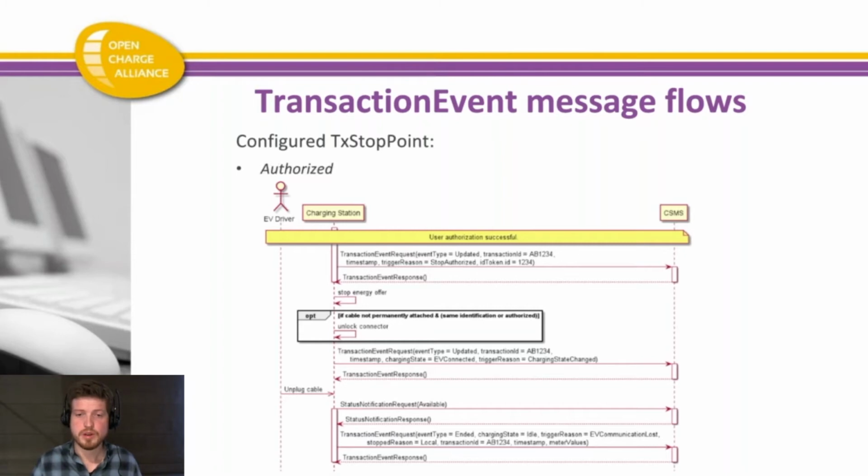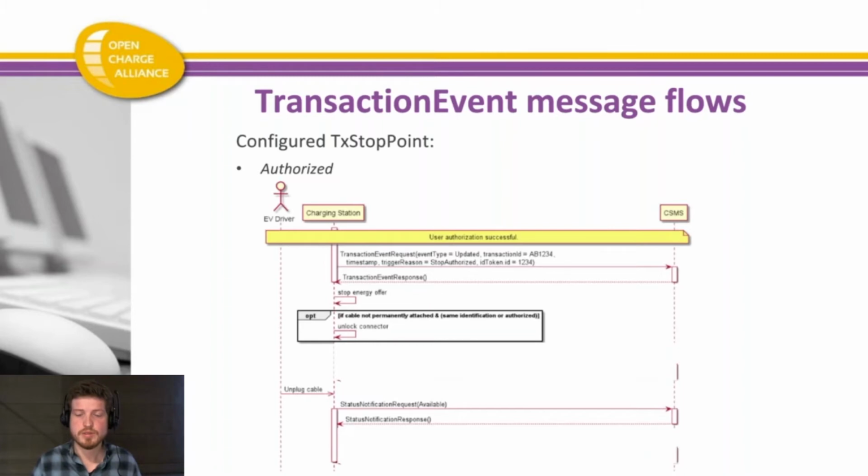And if you would configure Authorized, then all transaction events after the stop authorization will not be sent anymore, because this will become the last transaction event with event type Ended, and the last transaction event also needs to contain the stopped reason, which in this case is Local because it was stopped by the EV driver.